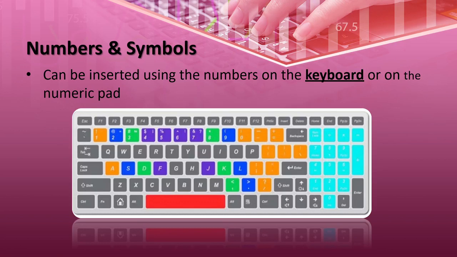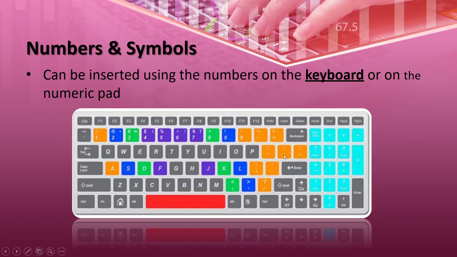Are you understanding the division of the keyboard? Sorry, 1 to 5 numbers are on the left side of the keyboard, and 6 to 0 numbers are on the right side of the keyboard. So these are the number keys that we have to press.